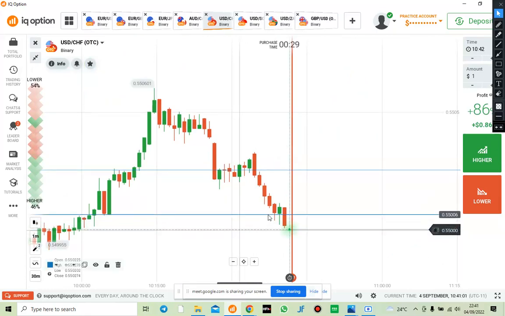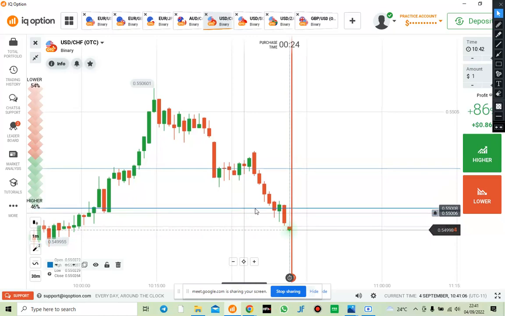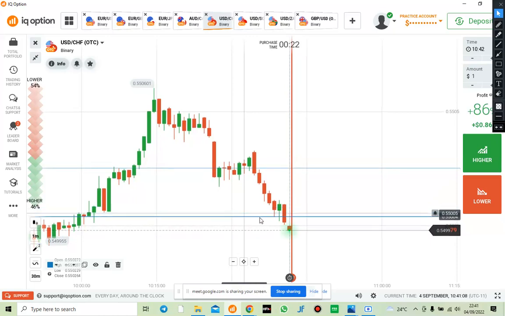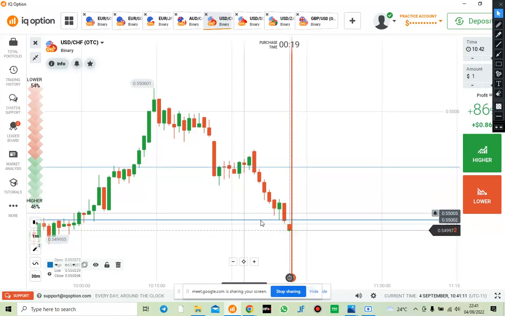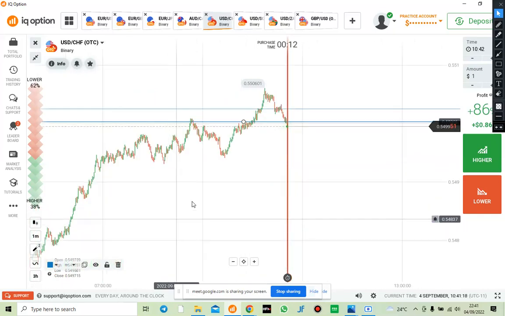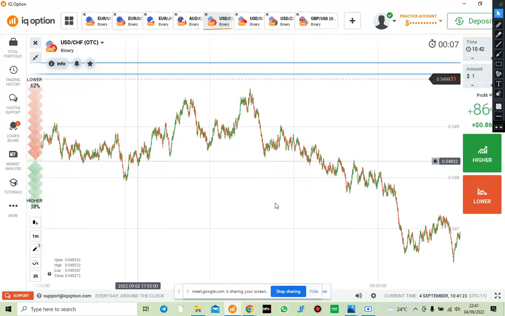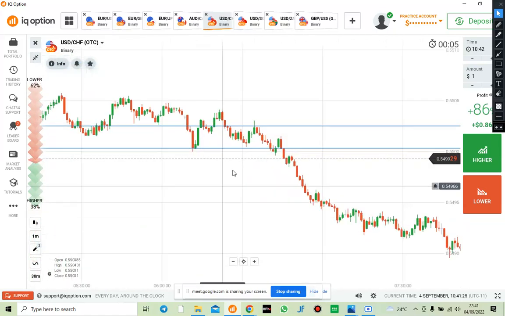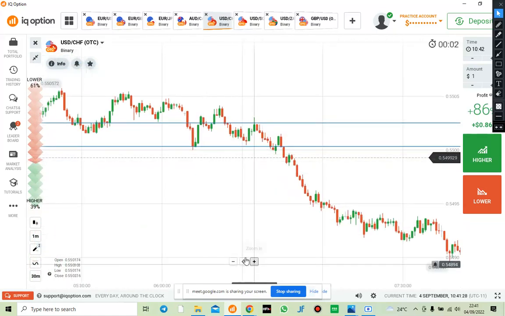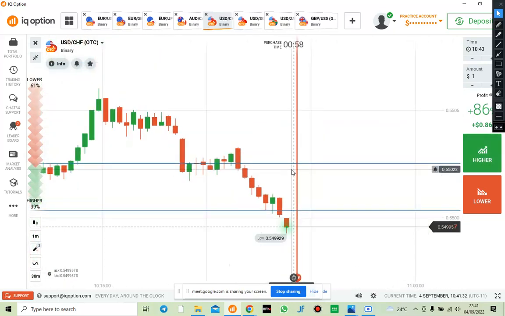If this is a level here. Okay, still a level here. So we expect the next candle to be green, but there's still a gap.